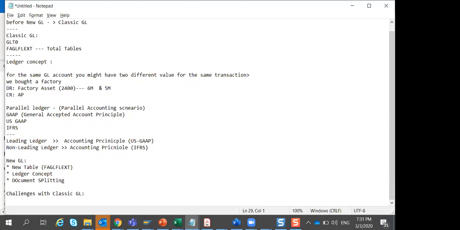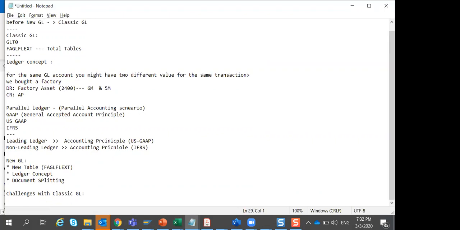Whenever they want to do parallel ledger, we have to create a ledger in the system, and it's not like the ledger we call it. For example, for the profit center, we have to create more configuration. Anyway, let me stop here because it's very confusing.